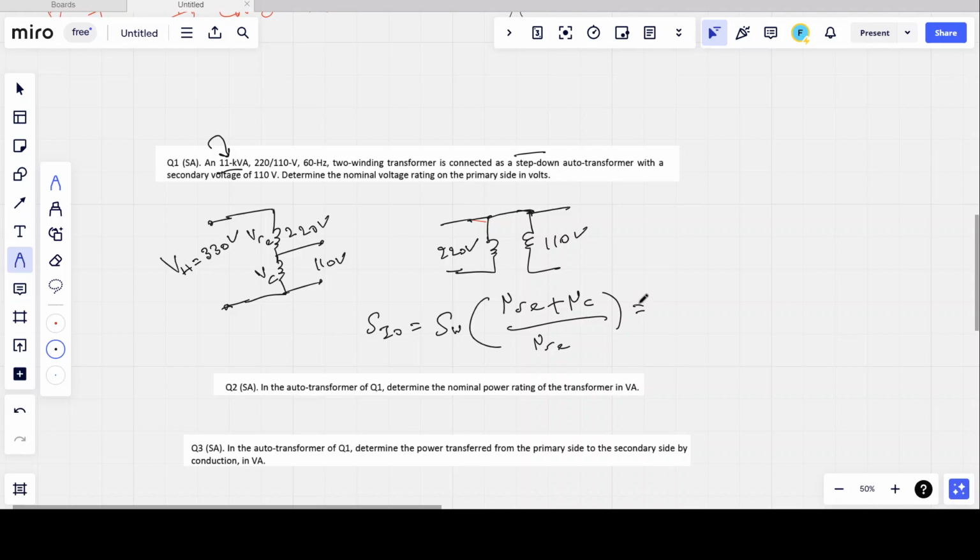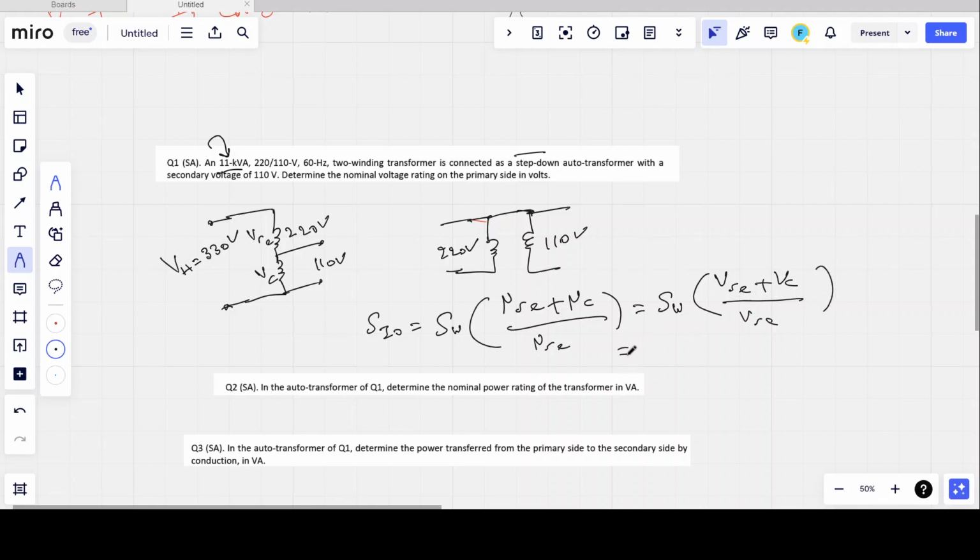The turns ratio in voltage and in the number of turns is the same. So saying NSE plus NC is the same as saying VSE plus VC. So I have SW times VSE plus VC divided by VSE.